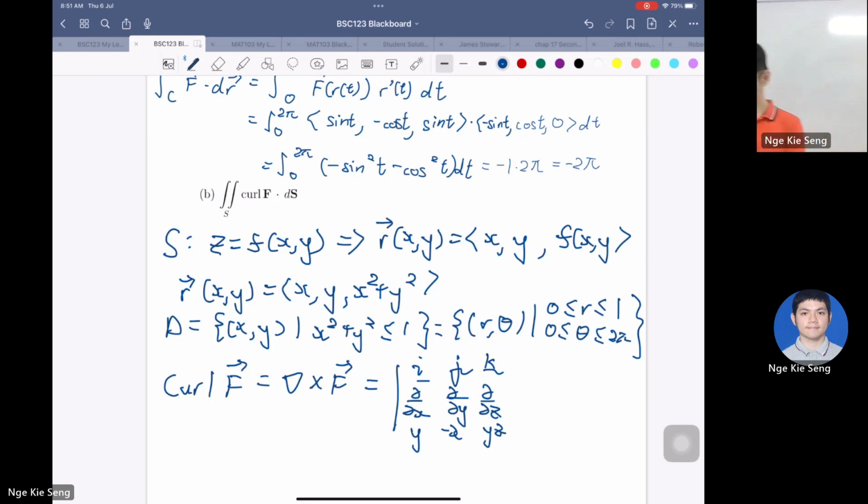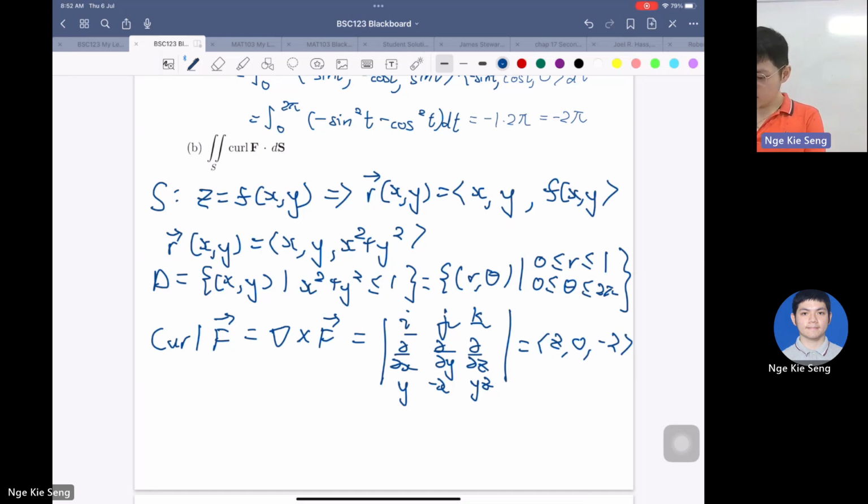So in this case here, we get z, 0 and minus 2. You can check, but this is the thing we calculated last time. Curl F.